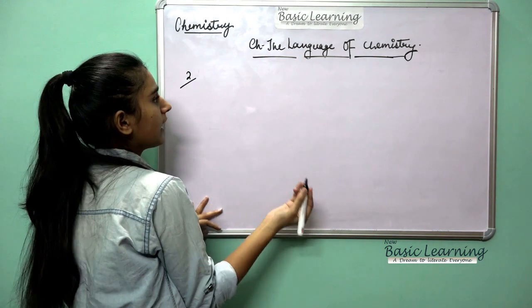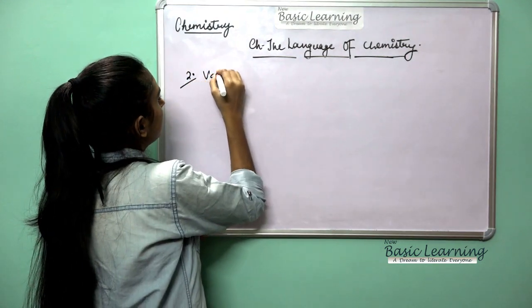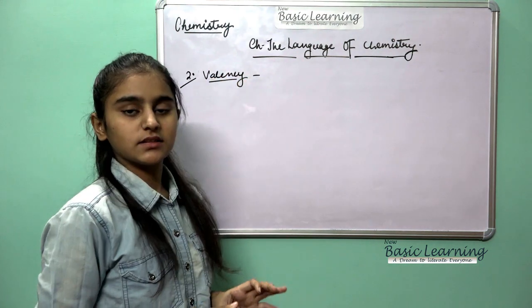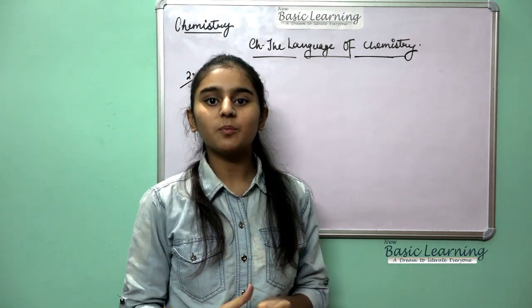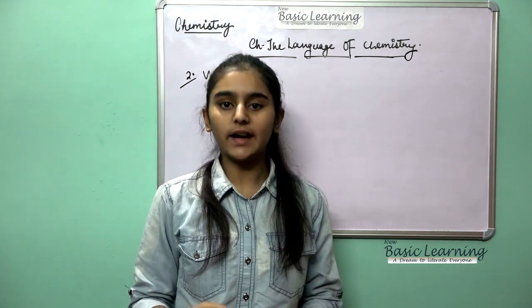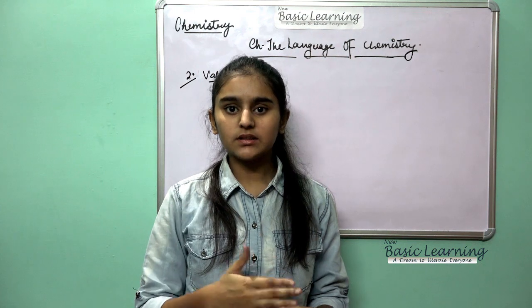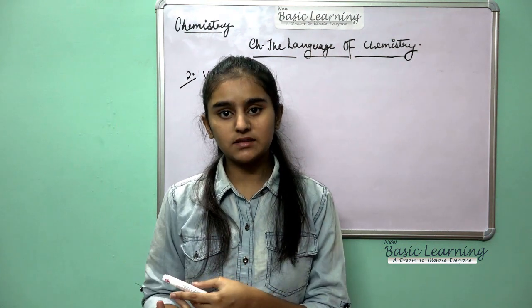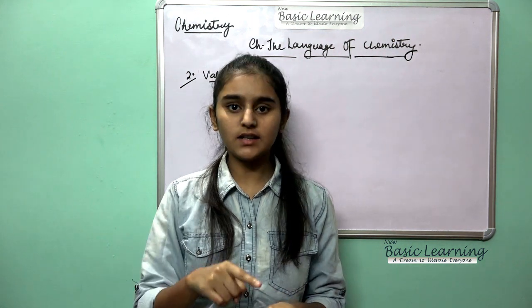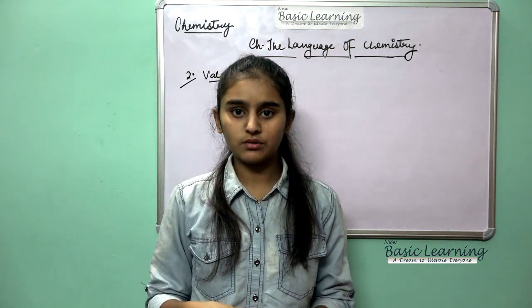First we have completed the symbol. Now second is the valency. What is valency? Valency is the combining capacity of an atom of an element or radical with the atoms of other elements or radicals to form a compound.